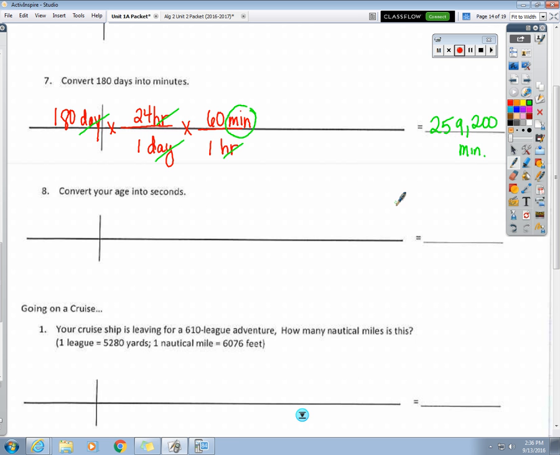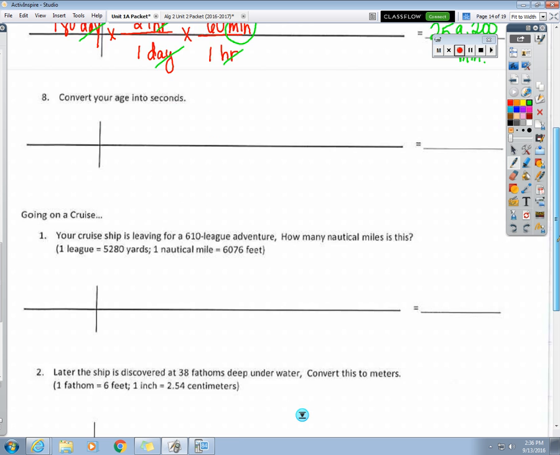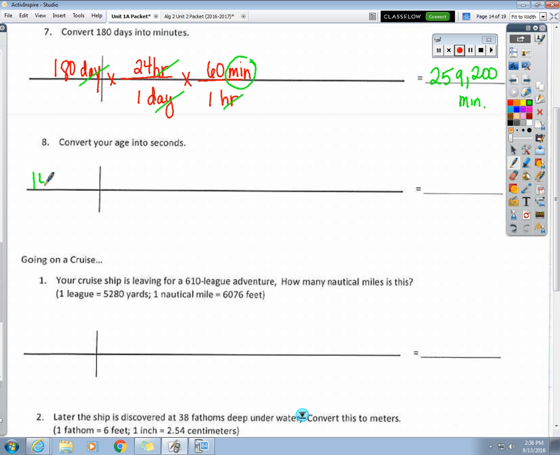Okay, number 8. Convert your age into seconds. I'm just going to go with 14 years. Okay, so that means my next denominator needs to be years. And we're trying to go to seconds. So what do you know about years?